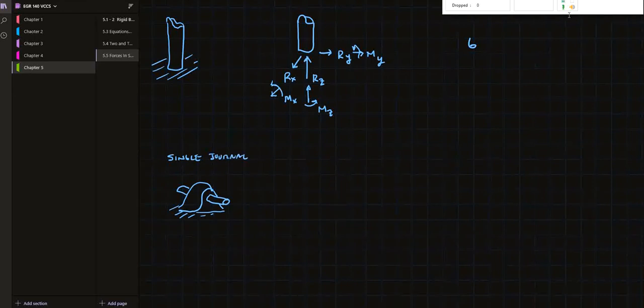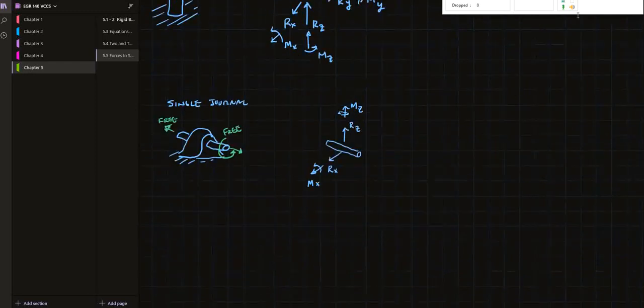So we have here, I just drew a single journal bearing. This thing is free to rotate in the bearing, and it's also free to translate back and forth along one axis. So there's two types. There's this type that's free to rotate. This will produce reactions of an X and a Z reaction, for example, if it's facing this way.